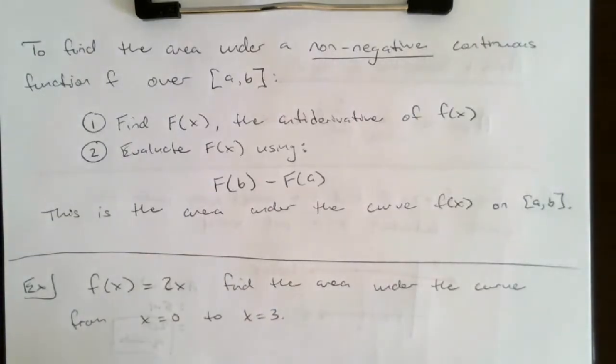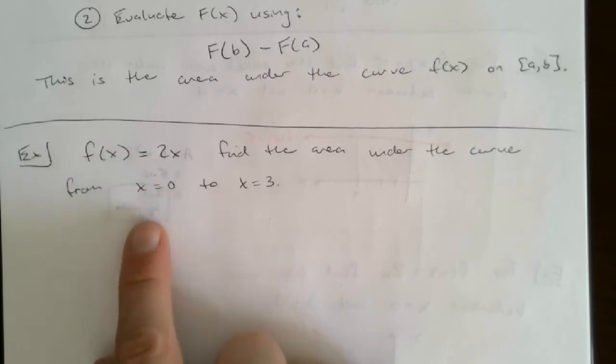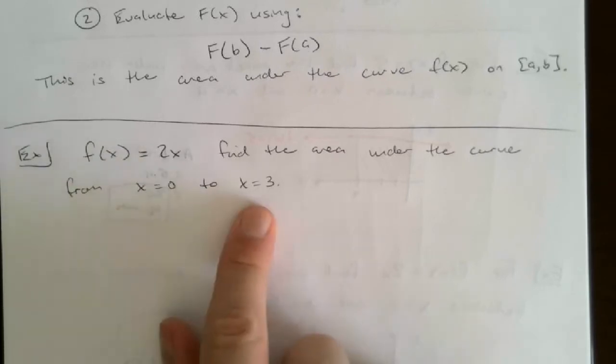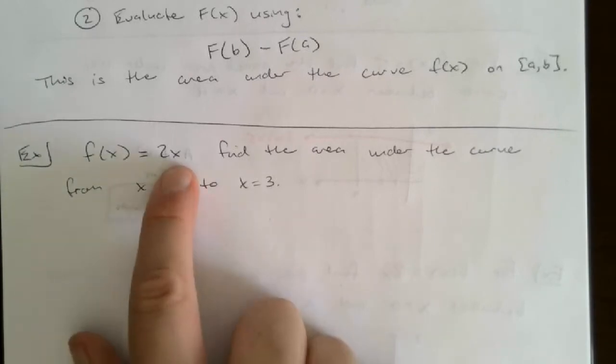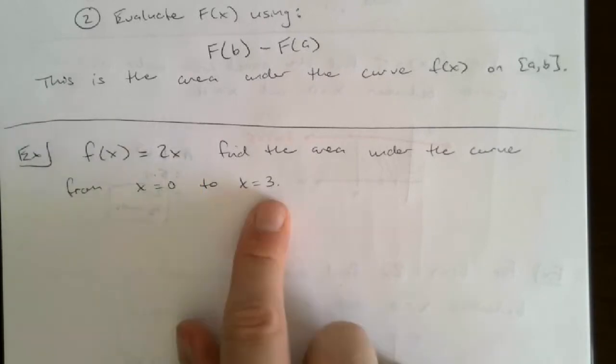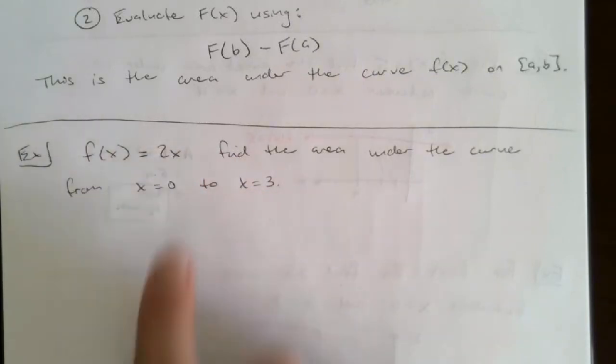And, you know, we just did it. I'm not going to sketch it again. We knew it was a line y equals 2x, but even if we didn't know that at this point, as long as f of x equals 2x is positive or non-negative on this interval from 0 to 3, we're okay. And in this case, we are going to be positive, right? 2 times 0 will give you 0 there. 2 times 3 will give you 6, and everything in between would all be positive. So we know we're non-negative.